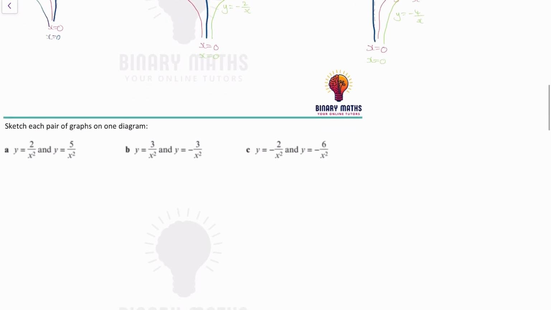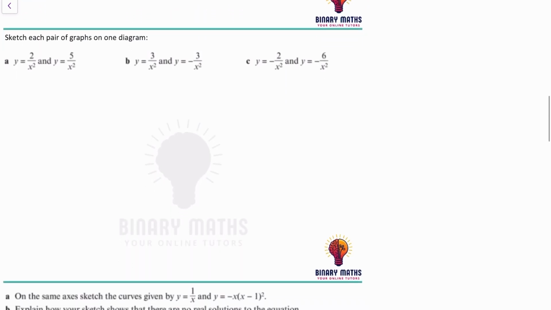Okay, next question. Sketch each pair of graphs on one diagram again. Okay, so for this one, A, we've got k over x squared now. So 2 over x squared, if I were to draw it, is in the first quadrant and the second quadrant. So again, rough sketch, as long as you label your asymptote and your graph, y is equal to 2 over x squared.